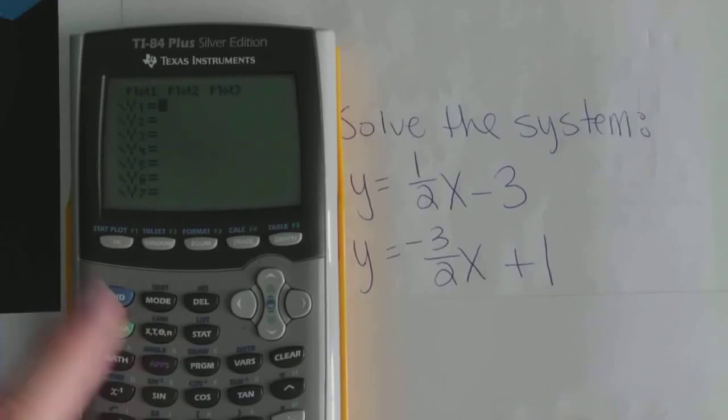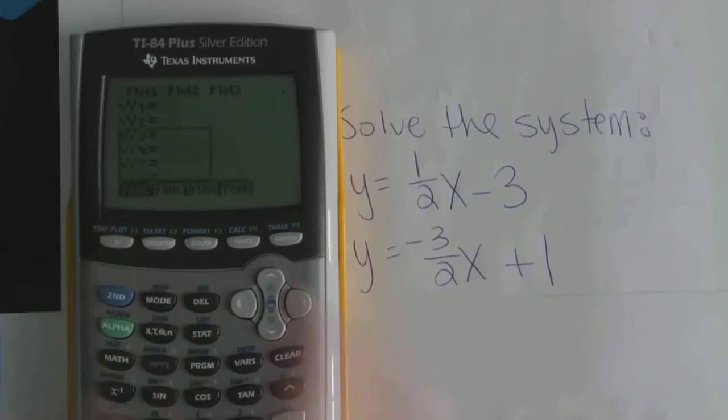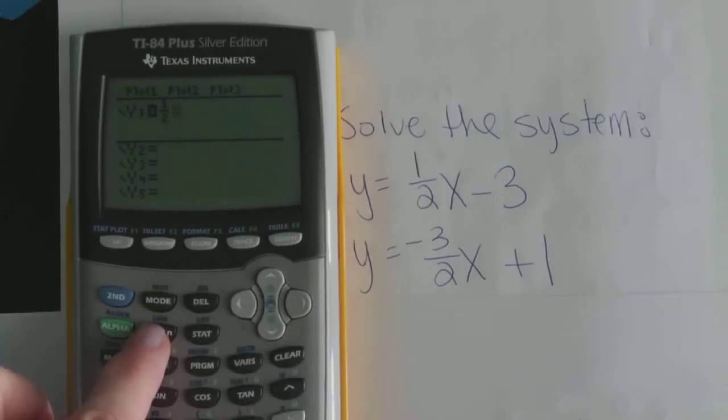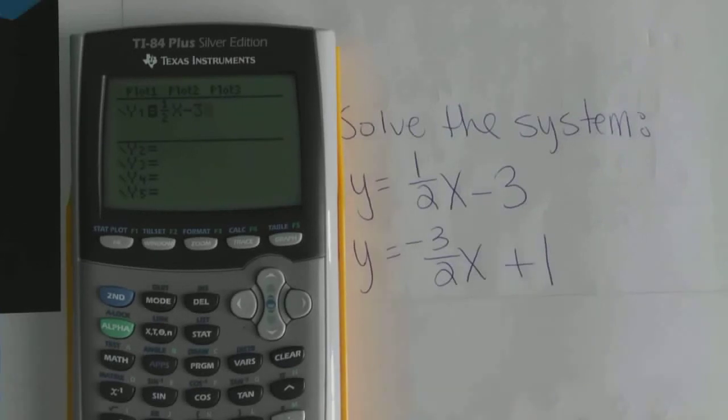Now, to type in this first equation, if your calculator, which most of them do, has the alpha y equals fraction capability, now would be a great time to hit alpha y equals, enter, and we're going to type in 1 over 2, kick out, here's my x, minus, make sure you're on the right, minus 3.